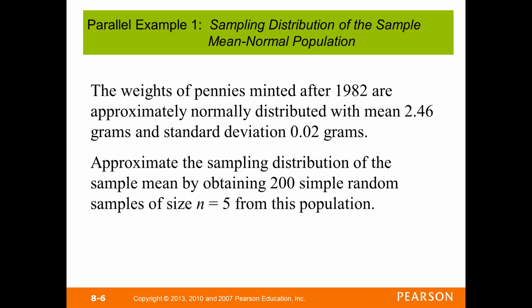So if I were to take an infinite number of random samples, if it were possible, and look at the average of the sample averages of all those random samples, then that should match up with what the population mean is.